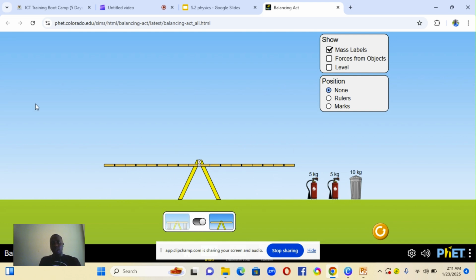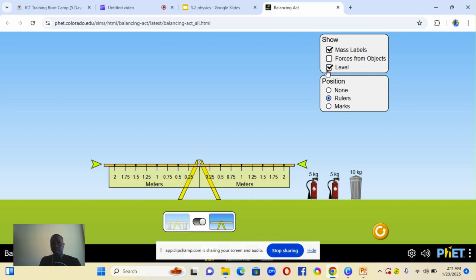As you see, our ruler now is balanced. The ruler is balanced and that's why you see our levels are green.